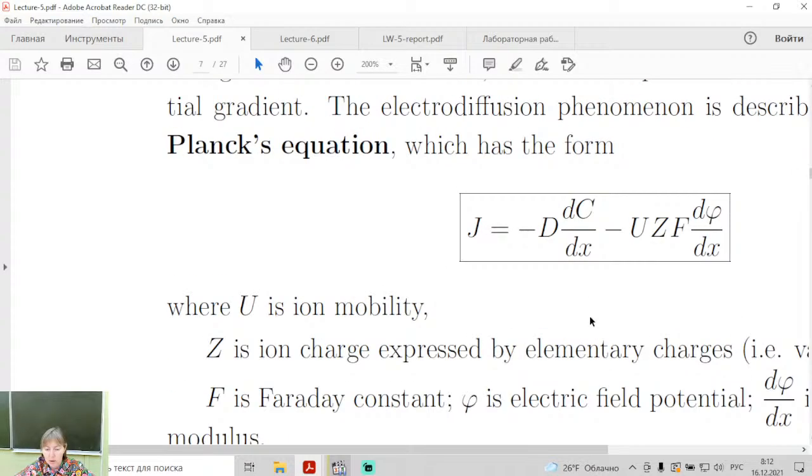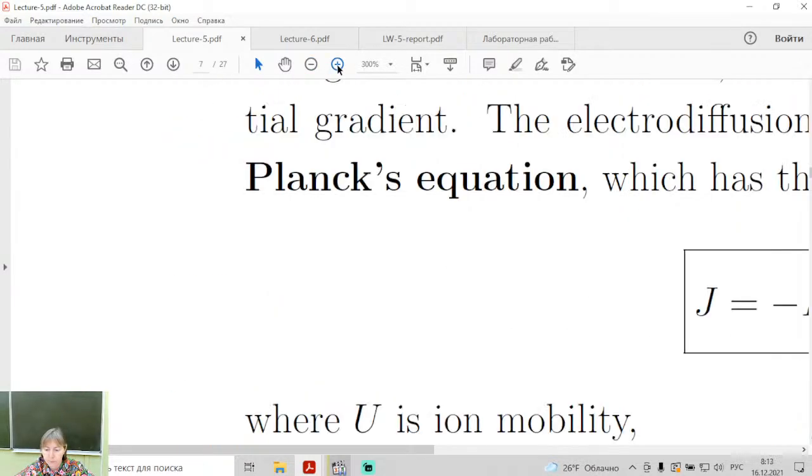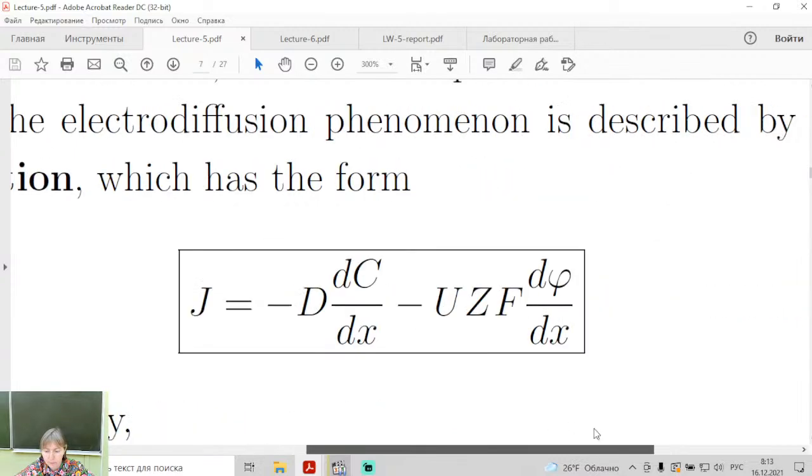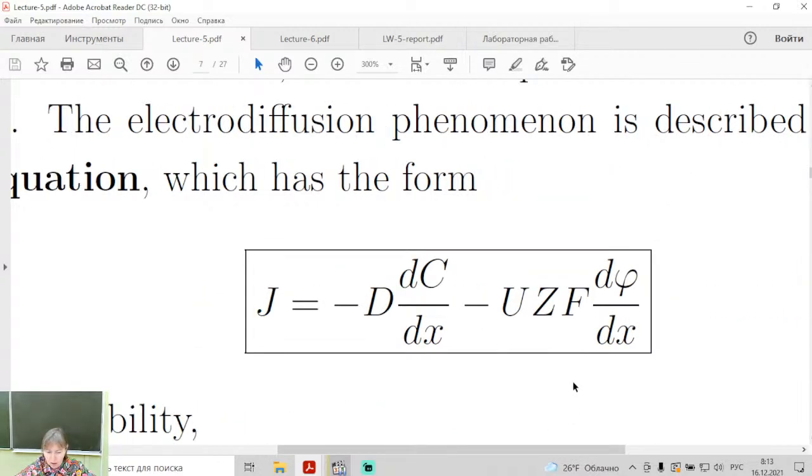Look here at this equation, where U is the ion mobility, Z is the ion charge expressed in elementary charges, F is the Faraday constant, and phi is the electric field potential, and d phi by dx is the potential gradient's modulus.